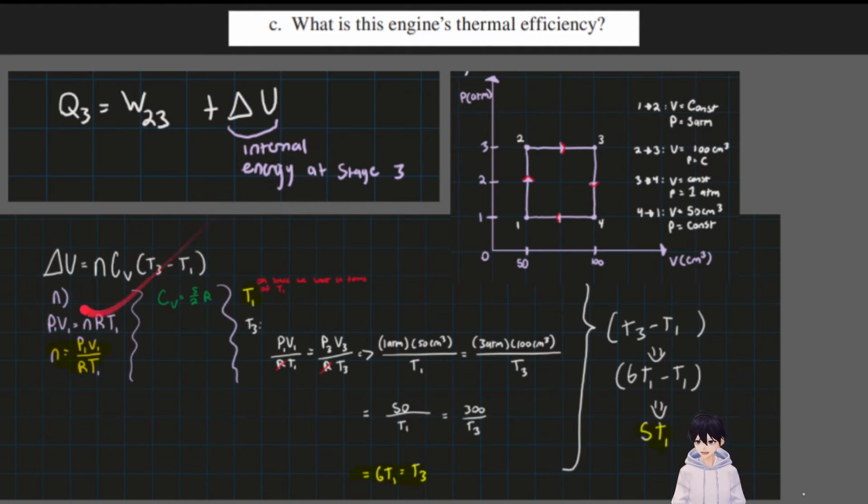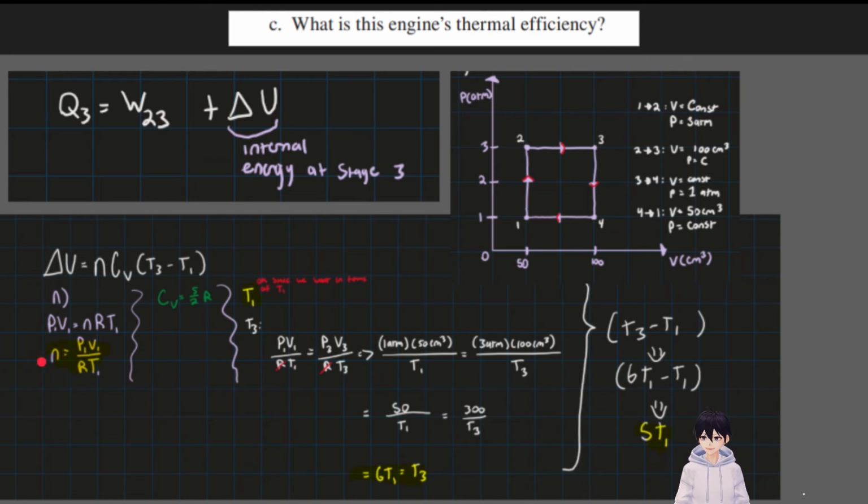And then for the next part, we're going to calculate the internal energy at stage 3, and for diatomic gas, it can be calculated by number of moles multiplied by the specific heat at constant volume, and then multiplied by temperature 3 minus temperature at 1. So for n, we can calculate it by using the ideal gas law at point 1, because we're going to try to put everything in terms of the first point.